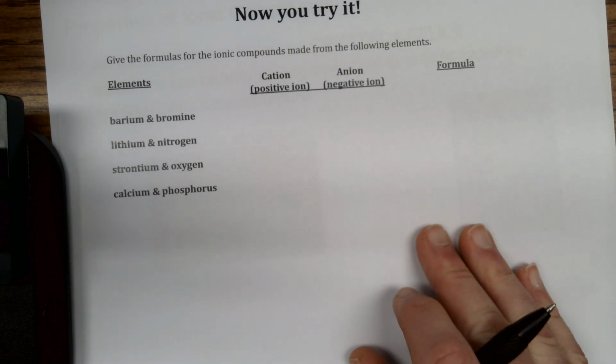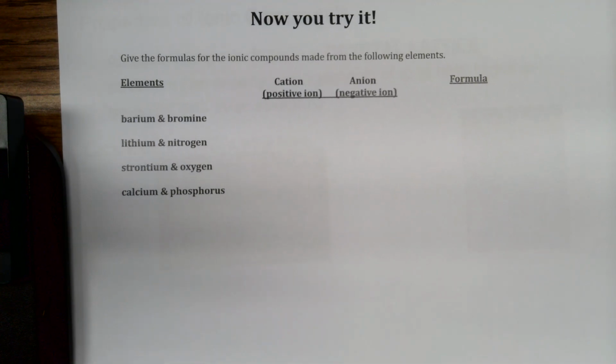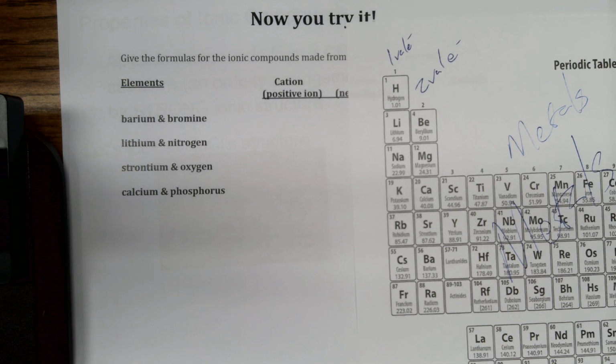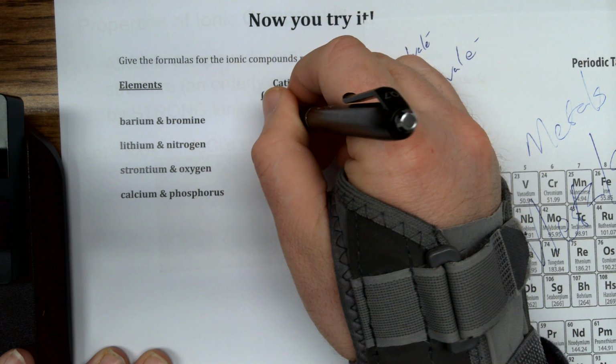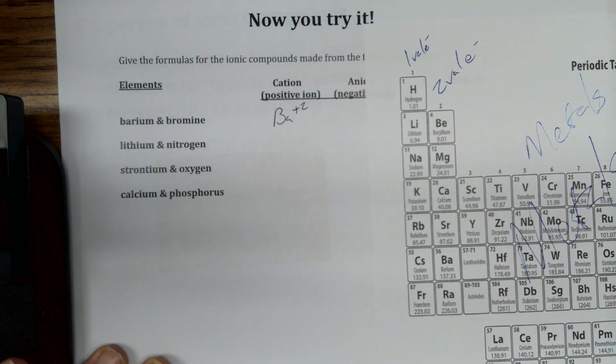So now I'm going to give you guys a chance to try on your own. I want to do the barium and bromine one with you so you guys get a head start on it. But I want you guys to do the other 3. From looking at my periodic table, my cation, barium, what's its ion going to be? +2, so Ba +2.